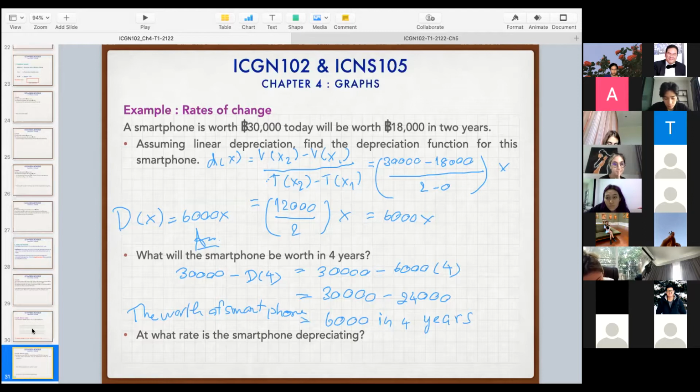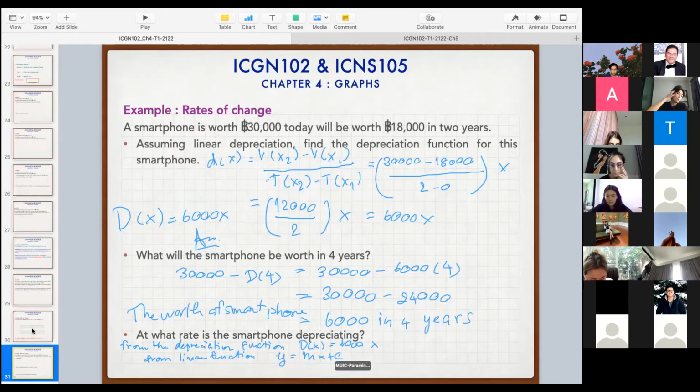If you remember from the depreciation function, dx equals 6,000x, from the linear function y equals mx plus c, where m is the slope and m is the rate.